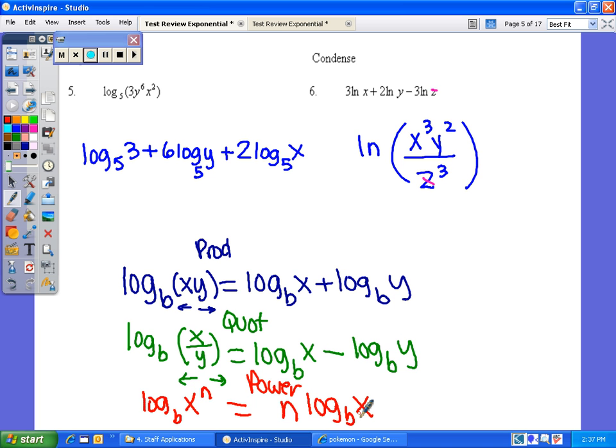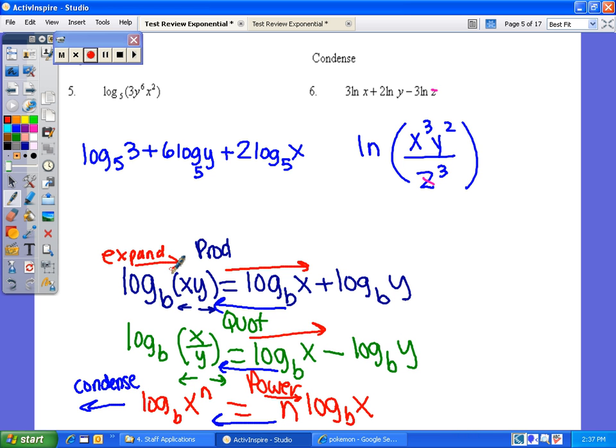So this is called expanding. Okay, this whole section is expanding. And then if you're working backwards, going from here to here, that's condensing. So condensing and expanding.